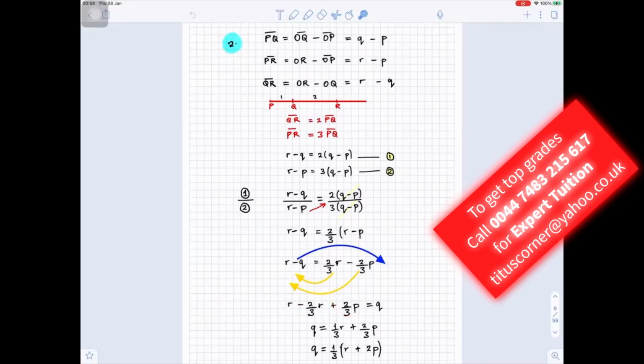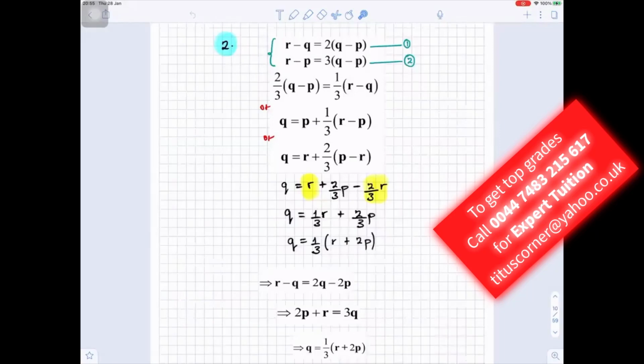And what you can see here is R minus 2/3R gives you 1/3R plus 2/3P. You can take 1/3 out of the bracket. You're left with R and you're left with 2P. So Q equals 1/3 bracket R plus 2P.